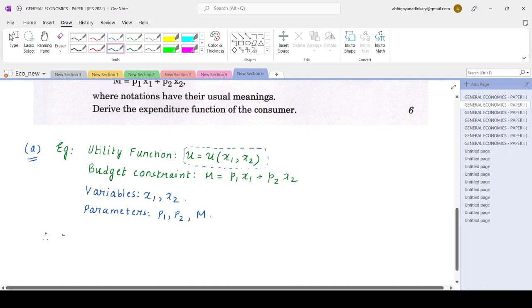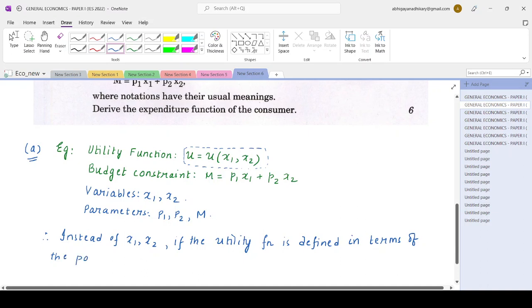Now, instead of the levels of the commodities, instead of x1, x2, if the utility function is defined in terms of the parameters of the model, that is your P1, P2, and M, then we call it the indirect utility function.